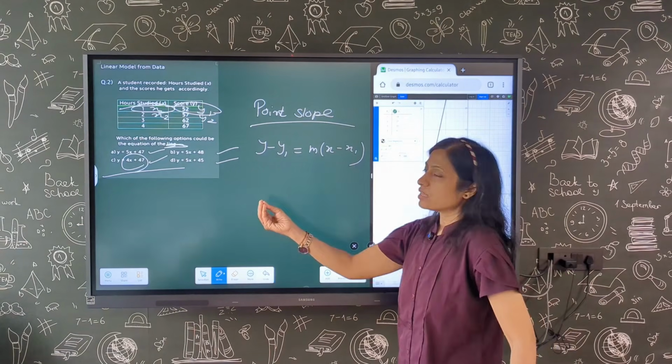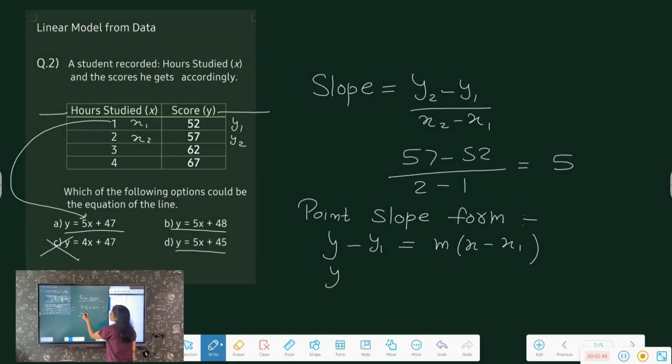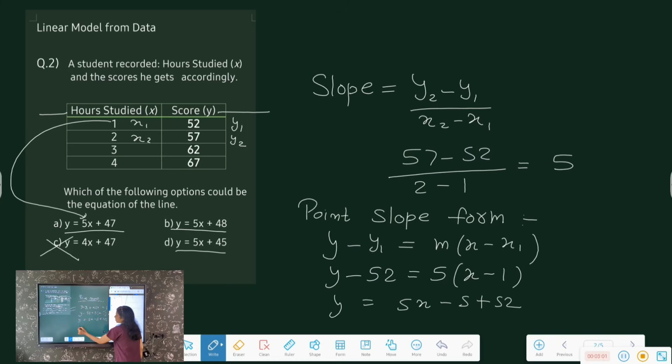It will directly make the equation easy. Substitute the values from the table: y1 as 52, m as 5, which is our slope, x minus 1. y is equal to 5x minus 5 plus 52. So basically the equation that we are getting from this is 5x plus 47.